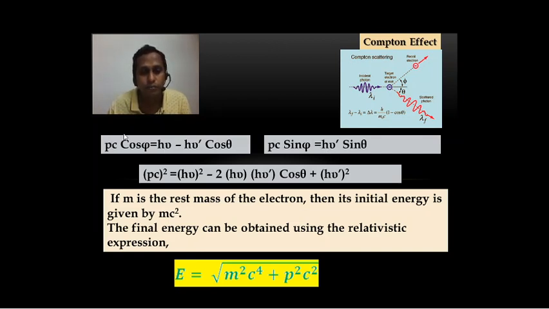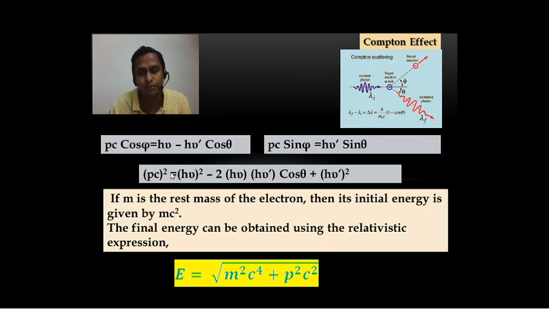Then you can square both equations and add. If we square, the left hand side is p square c square cos square phi, and for the other equation the left hand side is p square c square sin square phi. If we add, what happens? P square c square cos square phi plus p square c square sin square phi.